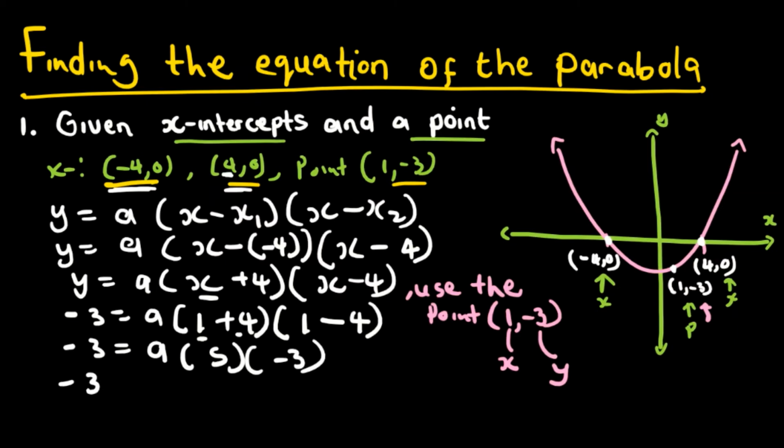So -3 equals a into, the 5 multiplied by -3 gives you -15.